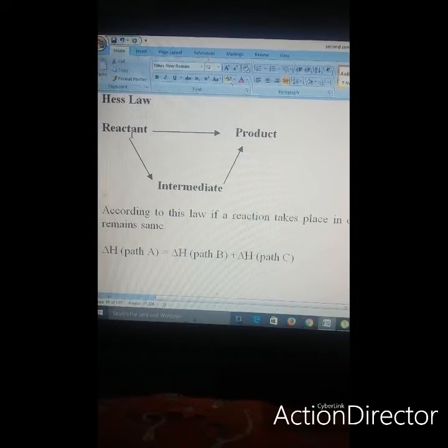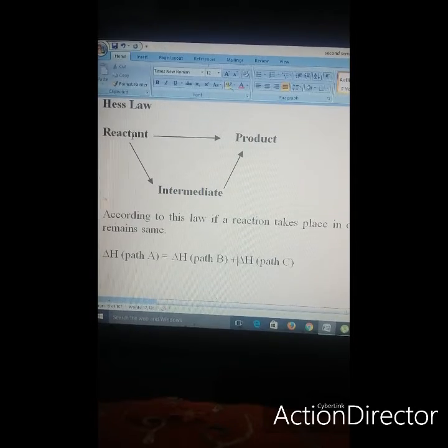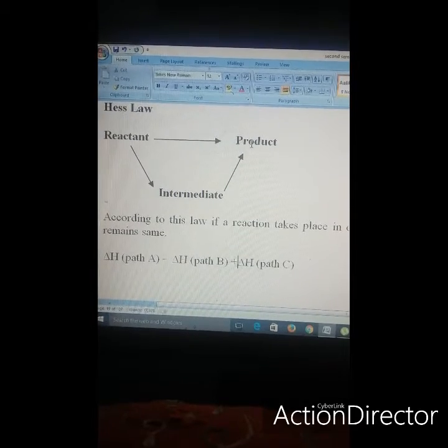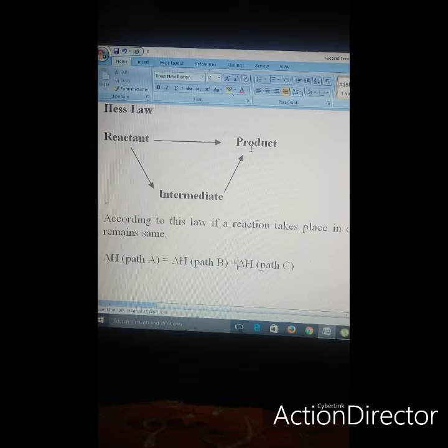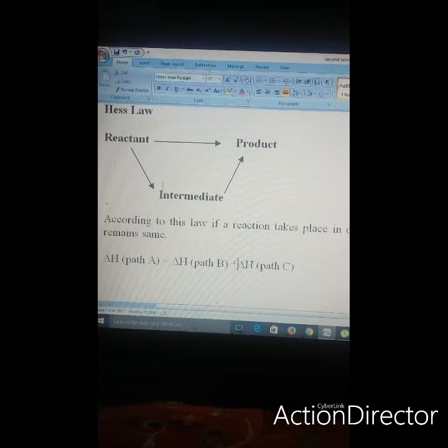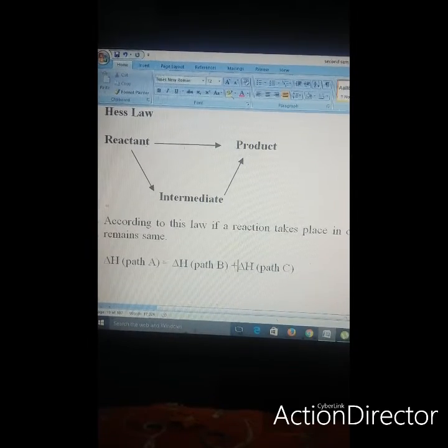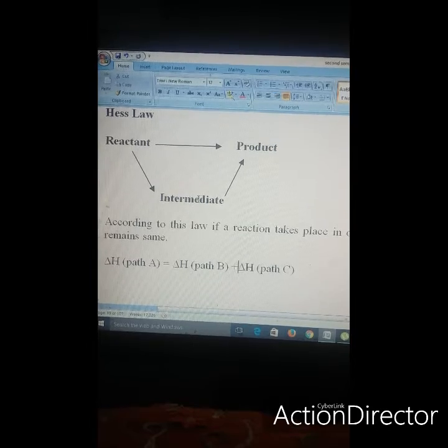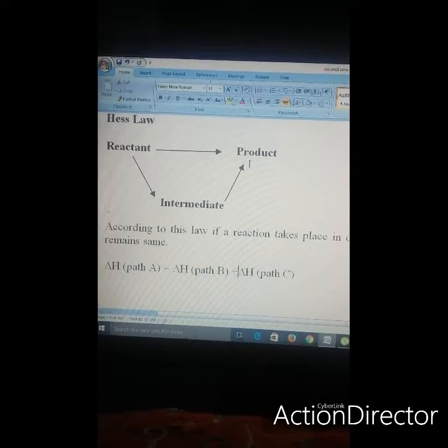Now let us consider this equation, in which a reactant is getting converted into a product. Either it can get converted directly, or it can take various steps, like the reactant getting converted into an intermediate and then to the product.